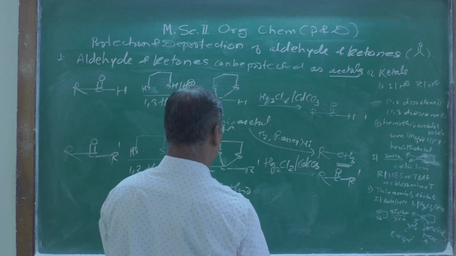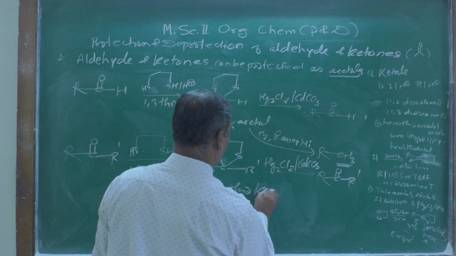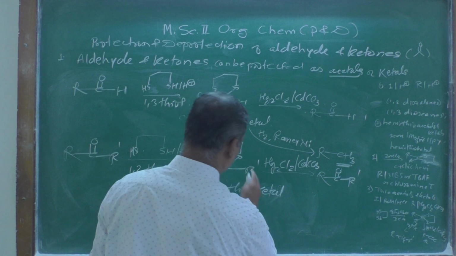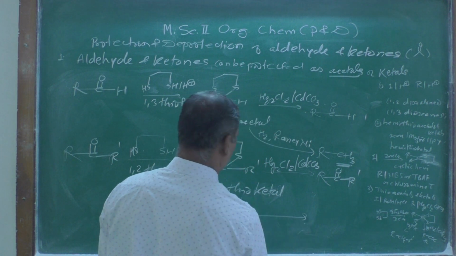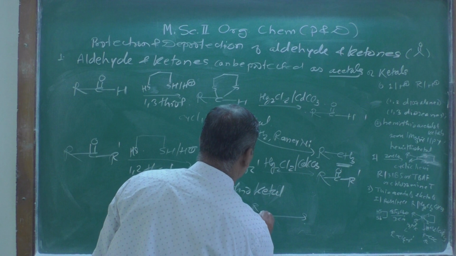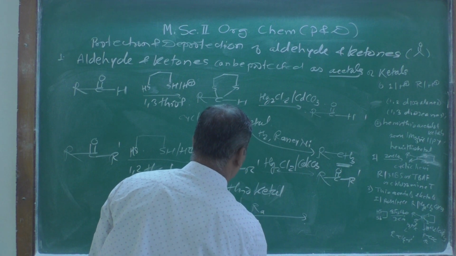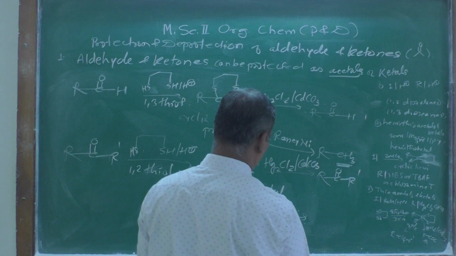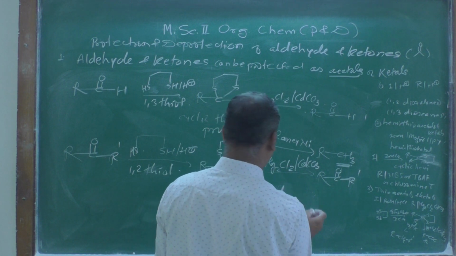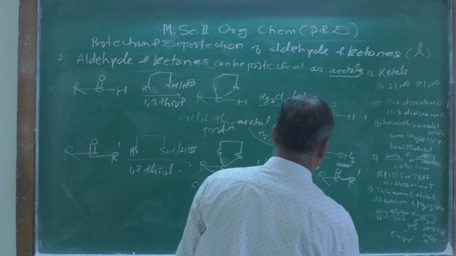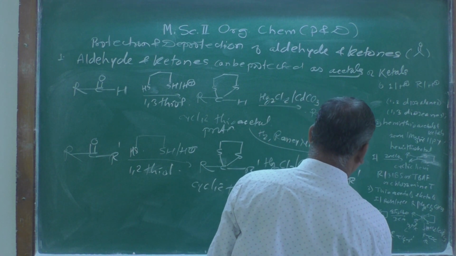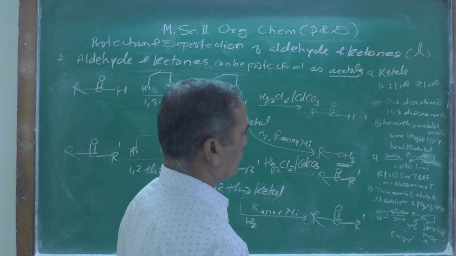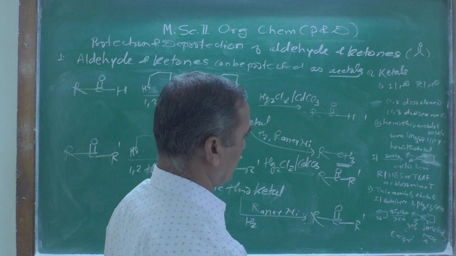This is acetone, therefore cyclic thioketal formation, and we are getting this. Instead of this, if you use H2 in presence of Raney nickel, what do you get? The desulfurization takes place and you will get the hydrocarbon, R C H2 R dash. This is the compound you are going to get over there.